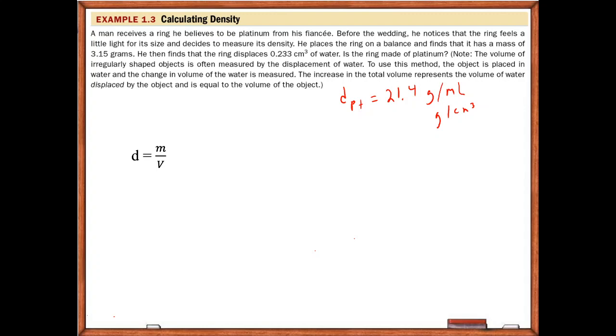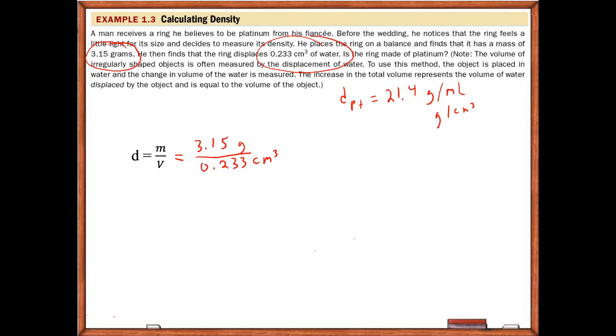So we have our density formula. We need to pick out the two important things here: a mass and a volume. So all we have to do now is just plug in mass over volume. This gives us 3.15 grams over 0.233 centimeters cubed.